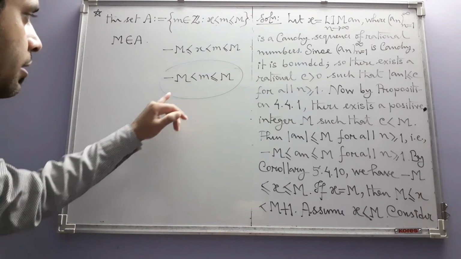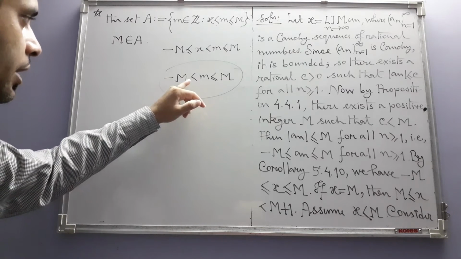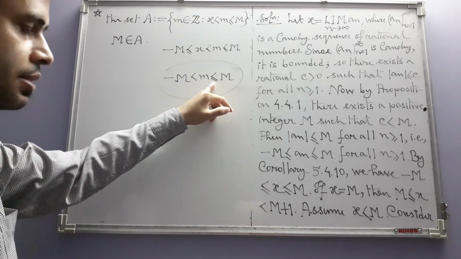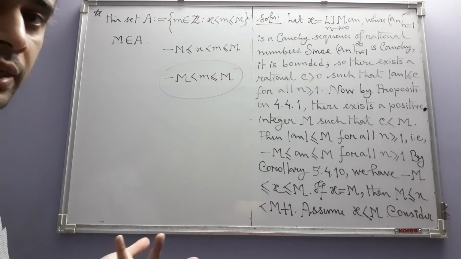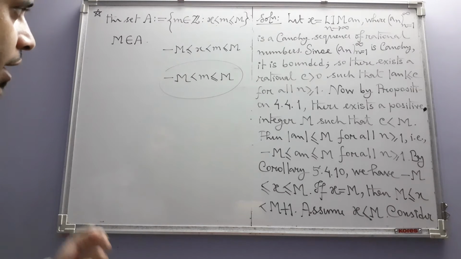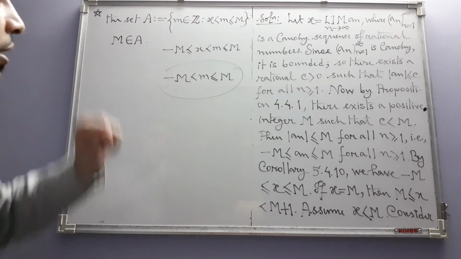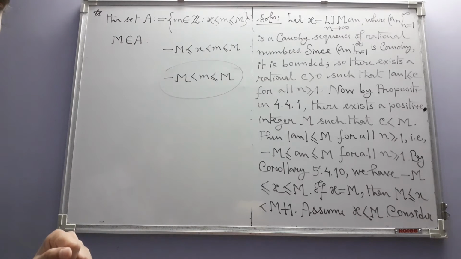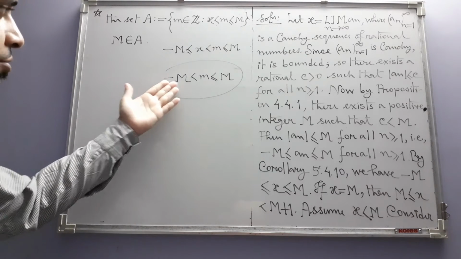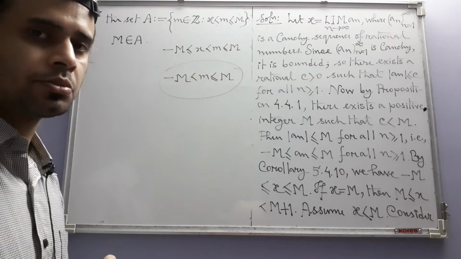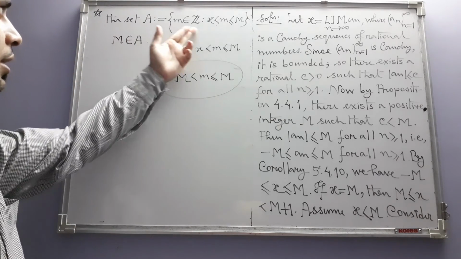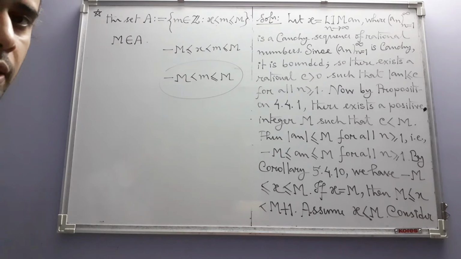And we know that integers greater than minus m and less than or equal to m are finite in number. That's why capital A is finite. There are only finitely many choices for small m that can be an element of capital A.